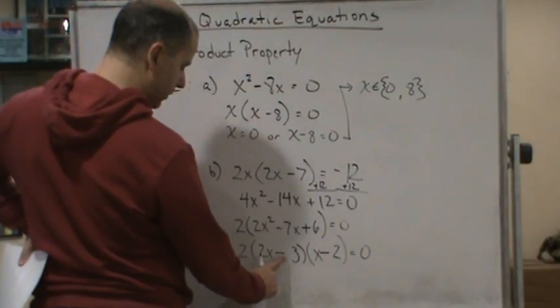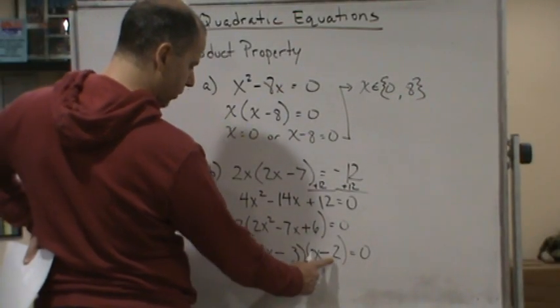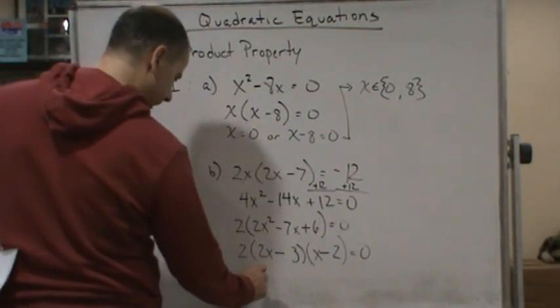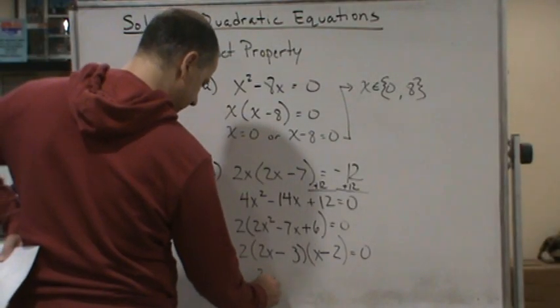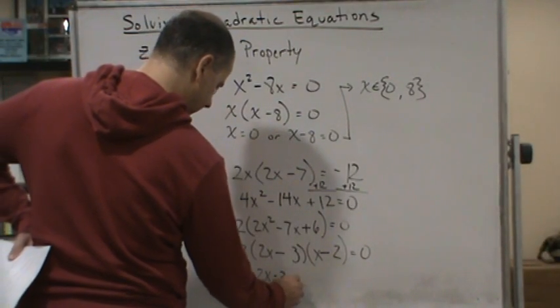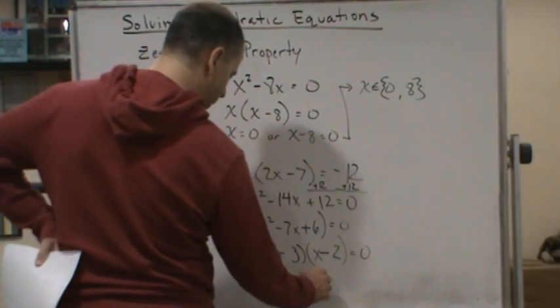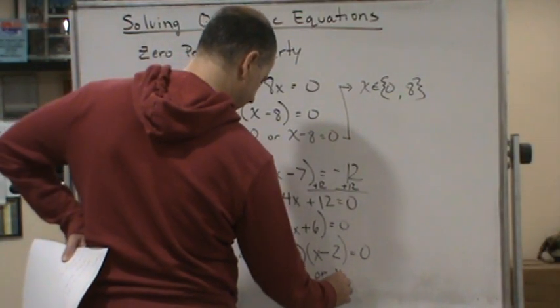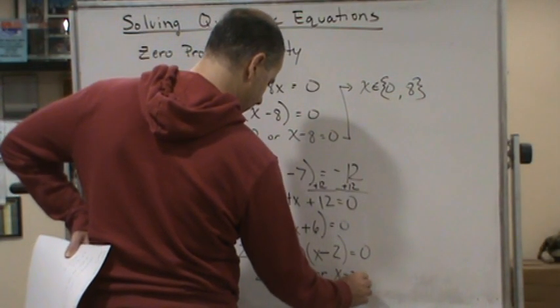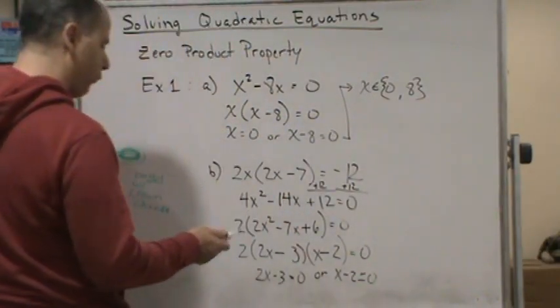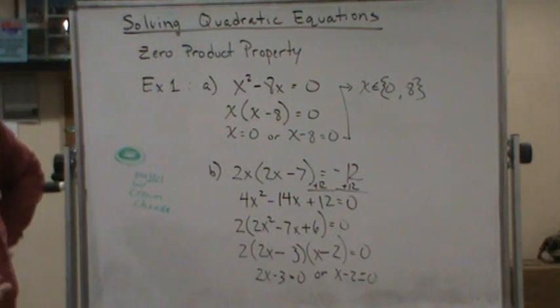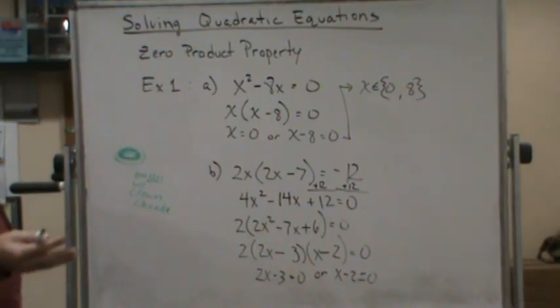But the zero product principle says either this factor is 0 or this factor is 0. So that means, using the zero product principle, we can say that 2x minus 3 is equal to 0, or x minus 2 is equal to 0. And now if we solve for each one of those equations, we've got our value of x.